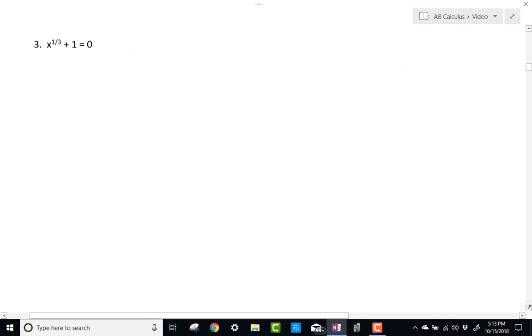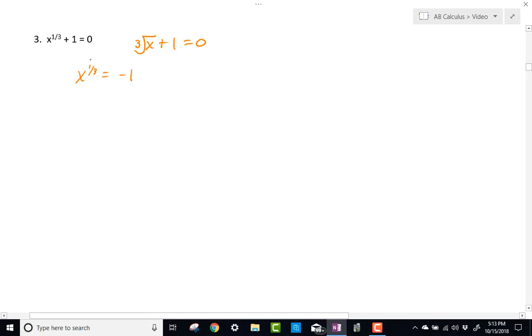Okay? Alright, number 3. X cubed equal x to the 1/3 plus 1. This is the cube root of x. Okay, so another way to look at this would be the cube root of x plus 1 equal to 0. Alright, so if I subtract 1, I have x to the 1/3 equals negative 1.